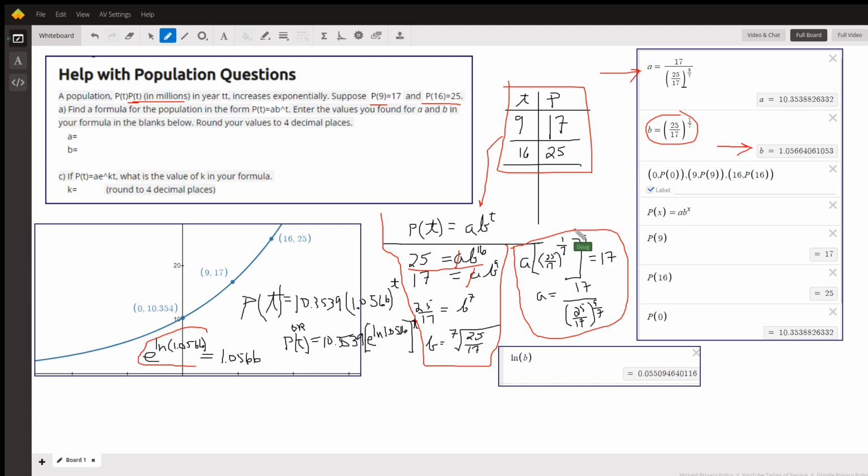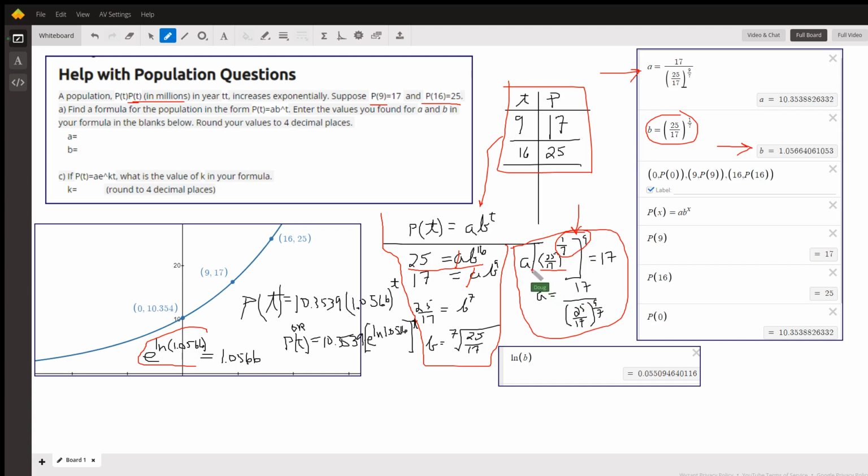Now, how do we find a? Well, we plug the value we just found for b into one of these two equations and solve for a. So here's a, b to the 9th equals 17. This is the b that we just found. If we use power of a power and multiply these exponents, we get 25/17 to the 9/7.